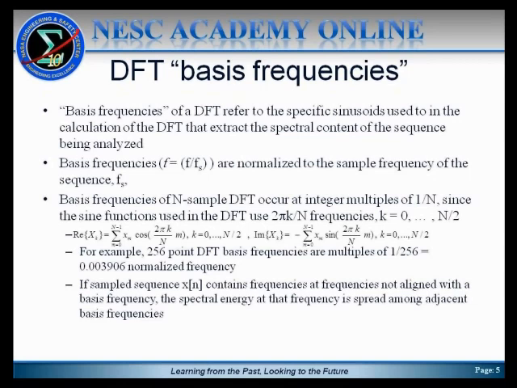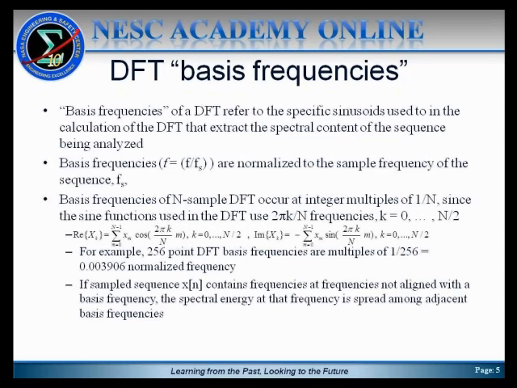Those basis frequencies are normalized to the sample frequency, and for a real discrete Fourier transform they run from 0 to 0.5 normalized frequency. That means from 0 to 0.5 of the sample frequency, and half the sample frequency is referred to as the Nyquist frequency, which we discussed in part 1 of this discussion, primarily with respect to the Shannon Sampling Theorem.